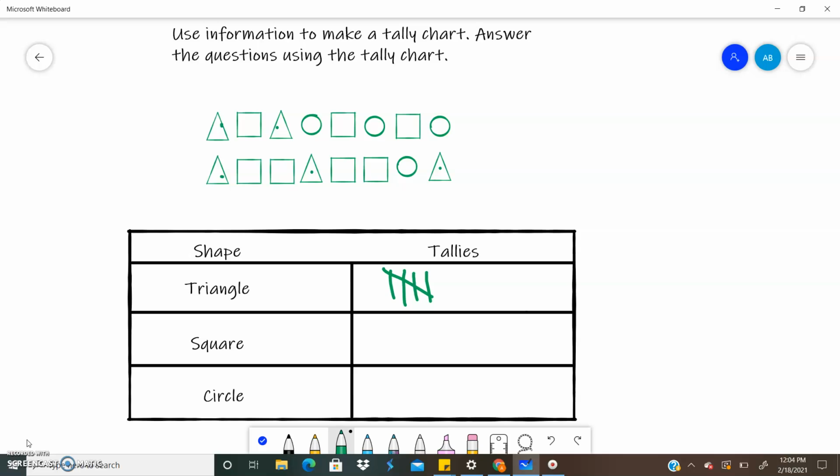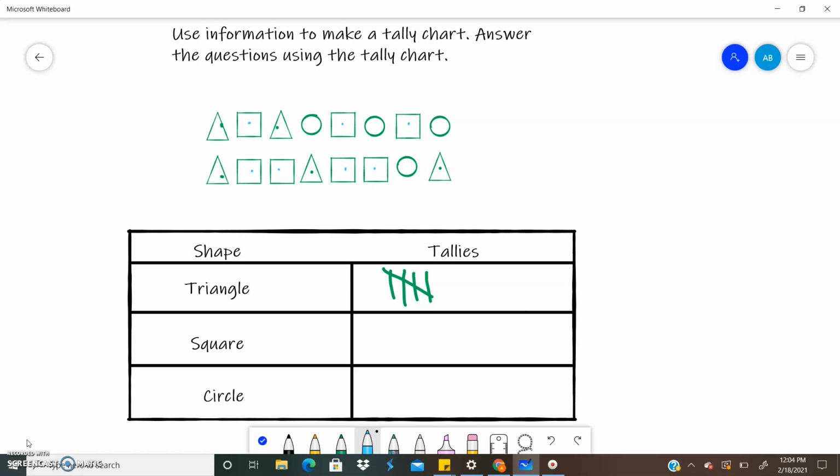All right, now let's count our squares. And I'm going to switch up the colors just for the purpose of this, which usually we'd be using a pencil, but I just want to make sure that you're able to see us put the tally marks as well as count the objects. Okay, so square. 1, 2, 3, 4, 5, 6, 7.